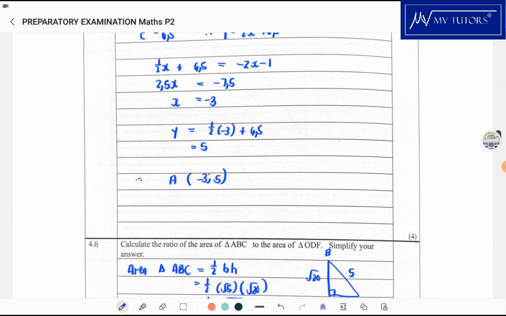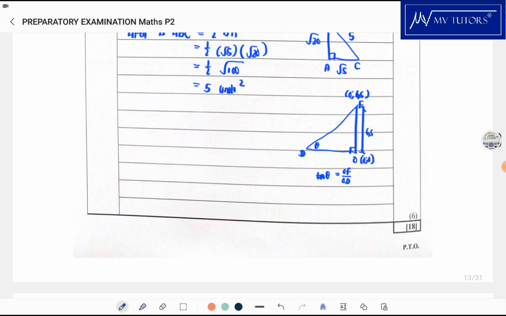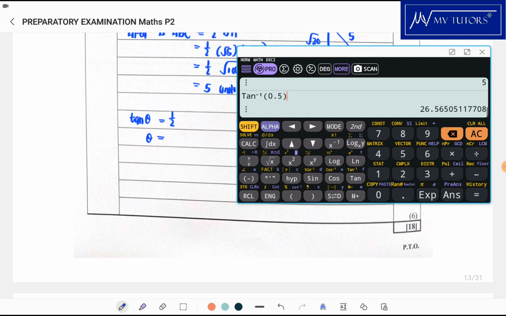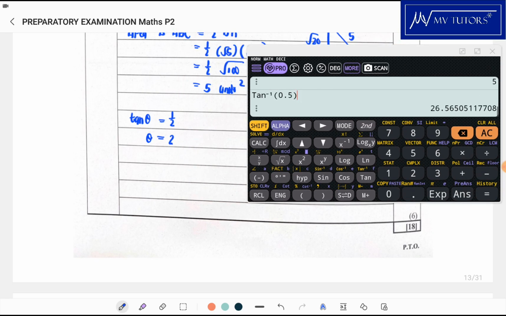So tan theta is a half. So therefore, theta is equal to, shift tan 0.5, that's 26.57 degrees.